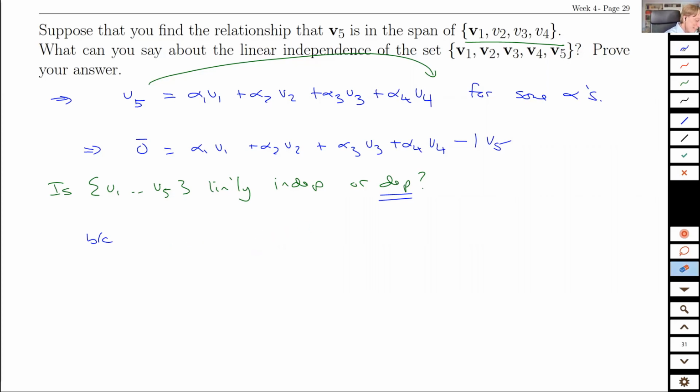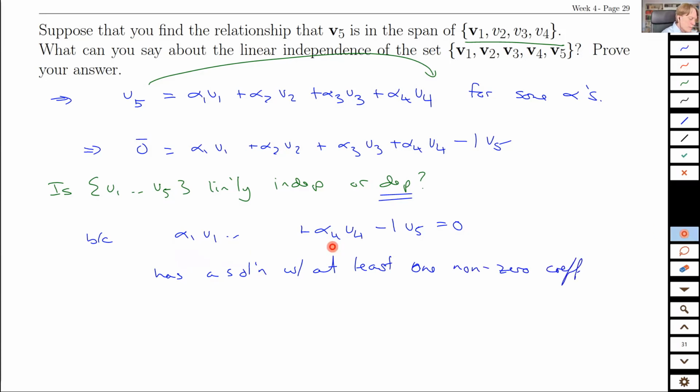Let's do this correctly, because alpha 1 V1, I'll just expand it out here, to alpha 4 V4 minus 1 V5 equals 0 has a solution with at least one non-zero coefficient.